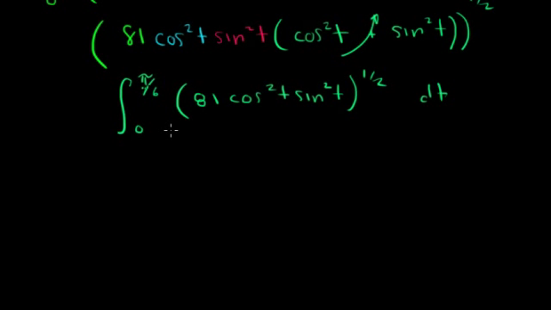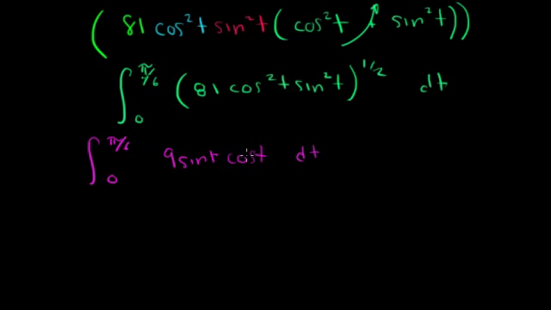This can simplify even more to 9 sine of t cosine of t with respect to t. All I did was take the square root of this, because this is to the 1/2.